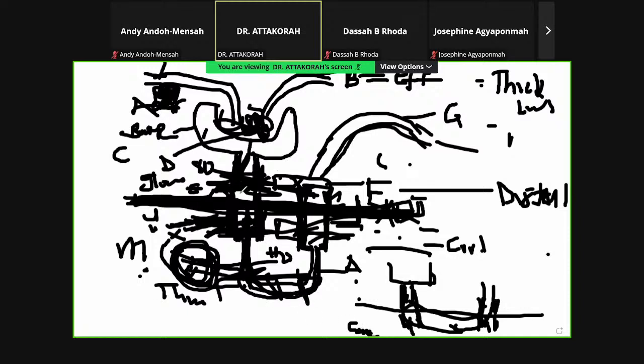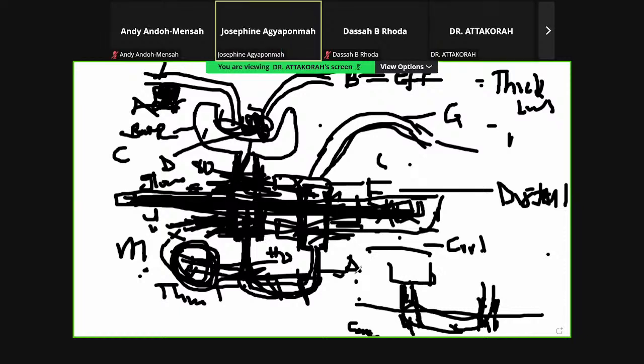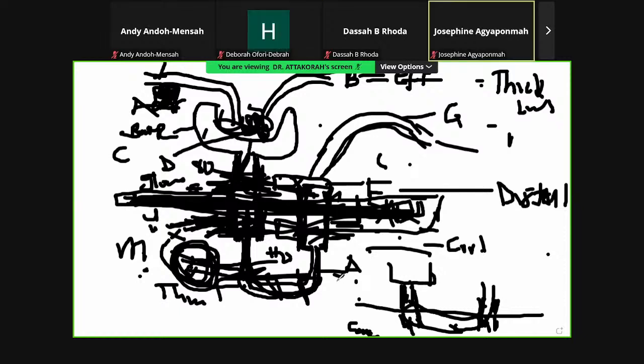So let's think simple. If this is not there, what will happen? This is making the kidney complete, separating the cortex from the medulla. Yes, Doc. If your hands are not there, what will happen?